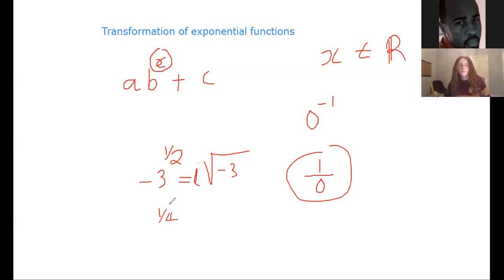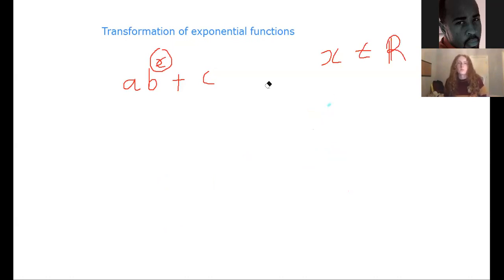Any whole number in the denominator of the exponent will end up giving you an impossible situation. Any questions? No. So that's what we're saying: the exponential function is that function which has its domain being all the real numbers.